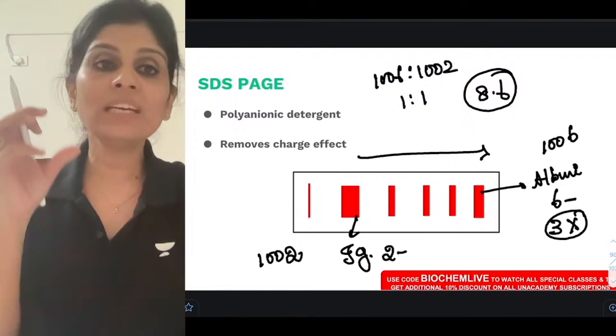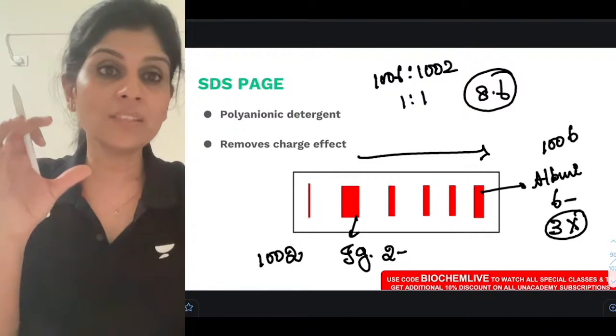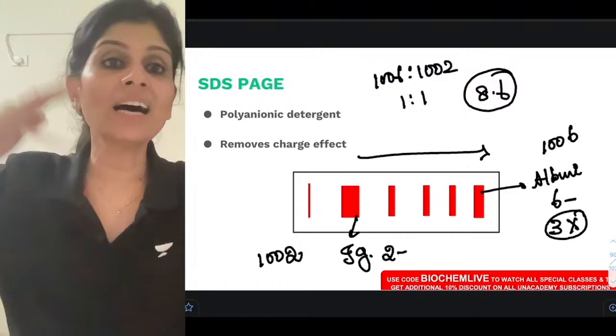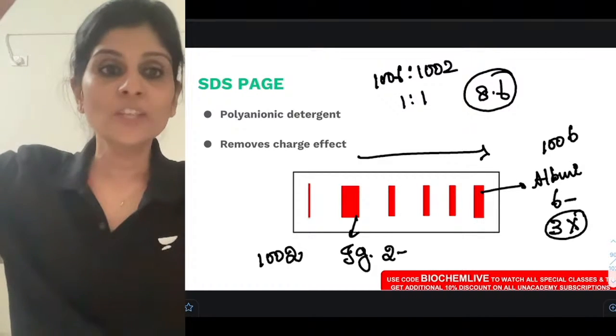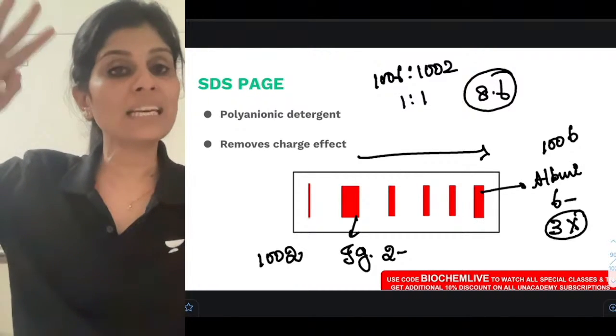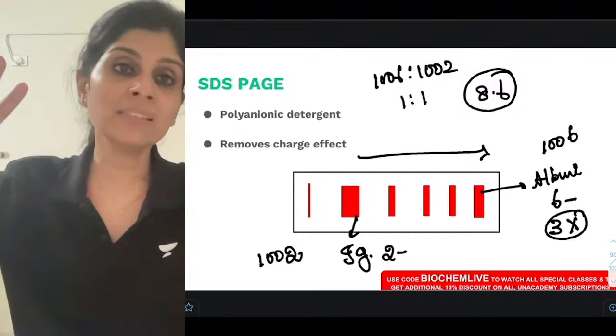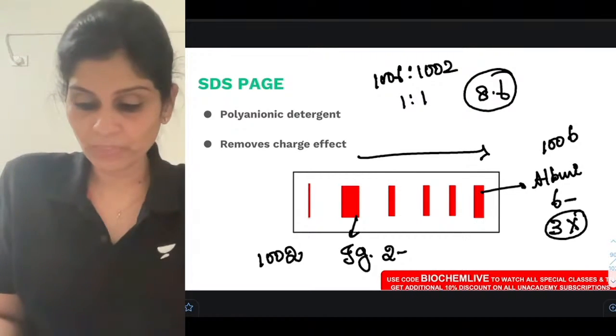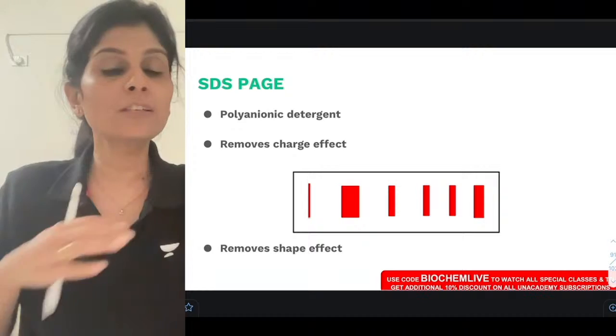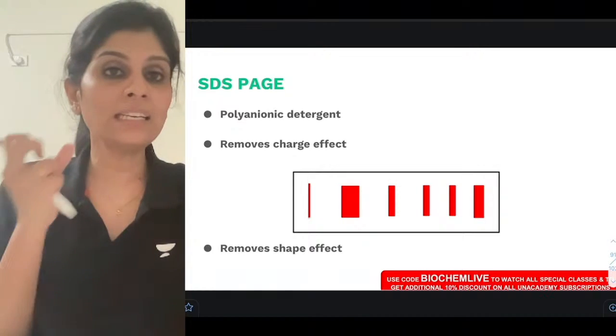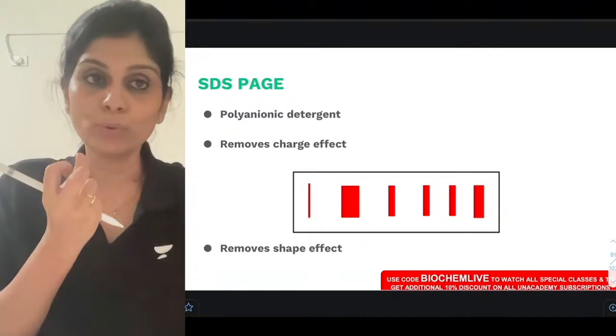And every protein carries its characteristic shape only because of its higher orders of structure.